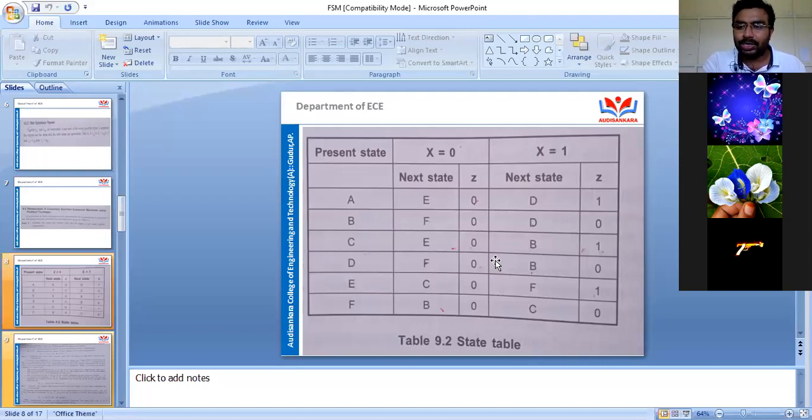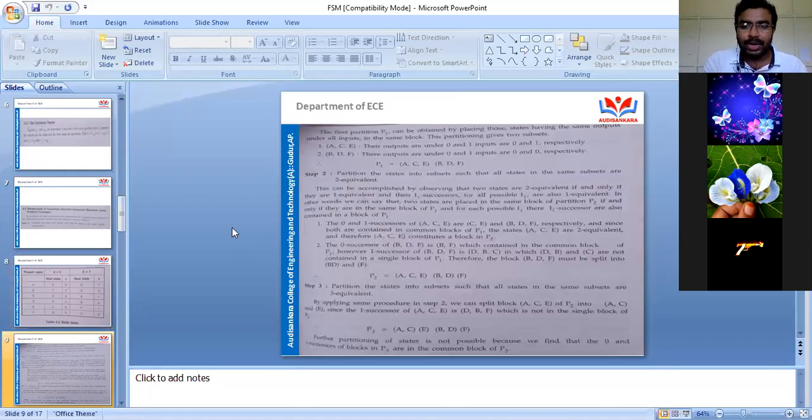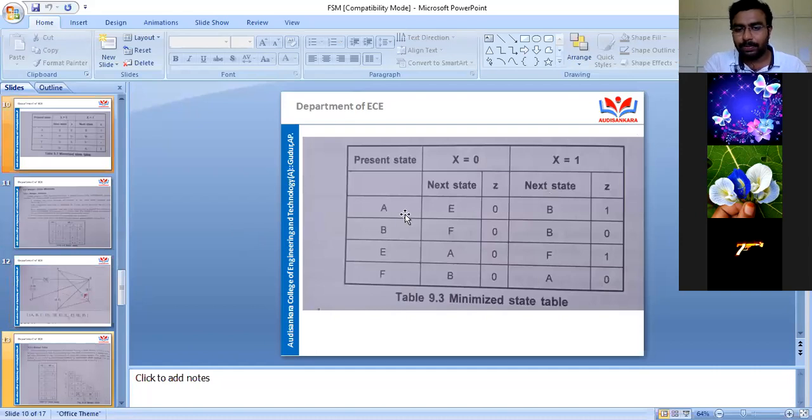When we applied the partition technique, we got A and C in a single group, B and D in a single group, students. So we can consider AC as an equivalent state, BD as another equivalent state, such that you can simplify them like this, students. Instead of writing A and C again and again, we will write any one of them.